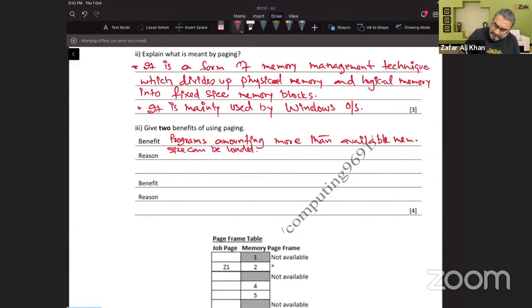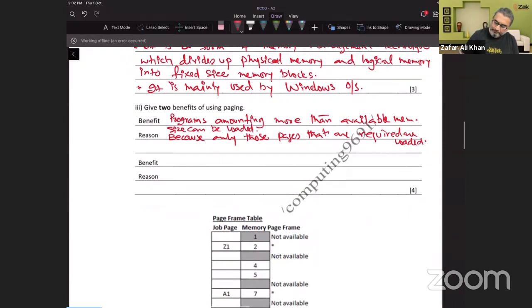Reason, because only those pages that are required are loaded, not the whole program.